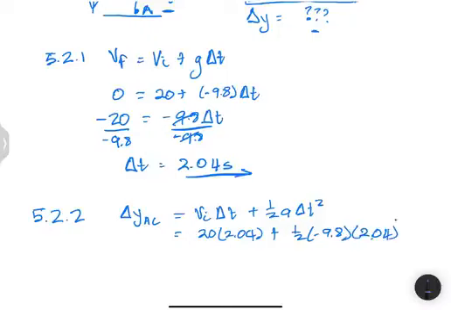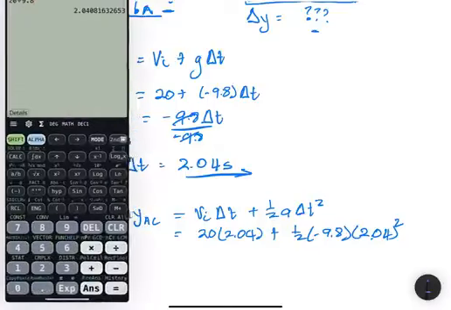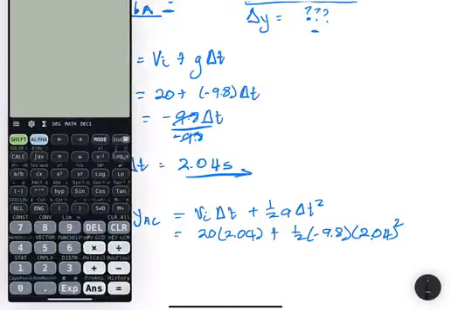Remember, that's the time that it took to get to that maximum height. So that's 20 times 2.04, plus 0.5 times negative 9.8 times 2.04 squared.